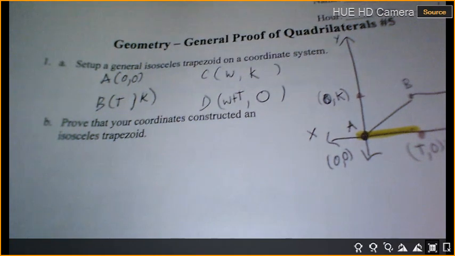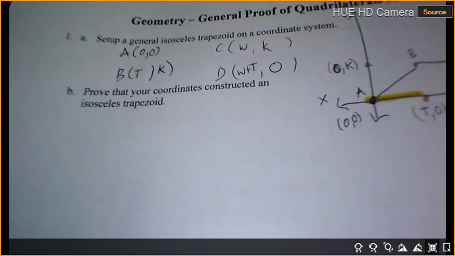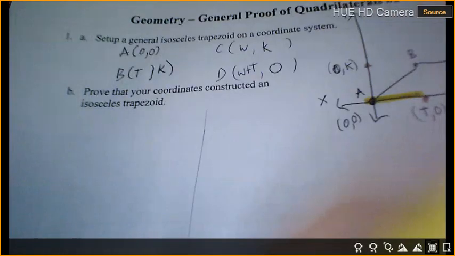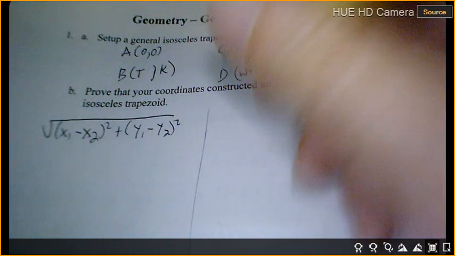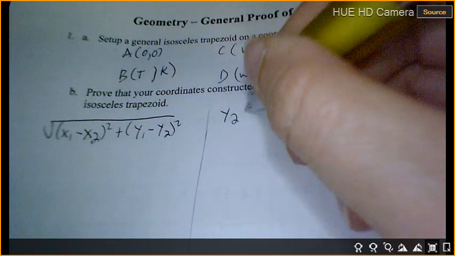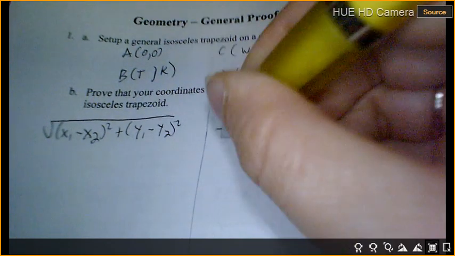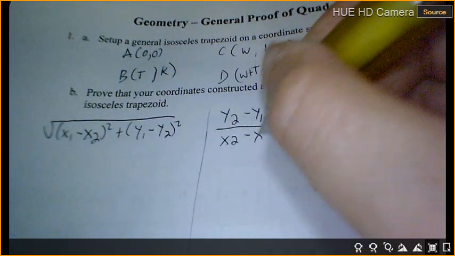All right. So now you've got to find two things. We're going to use the distance formula: the square root of (x1 minus x2) squared plus (y1 minus y2) squared. And we're going to use the slope formula, y2 minus y1 over x2 minus x1.